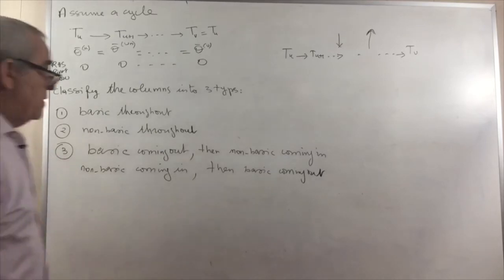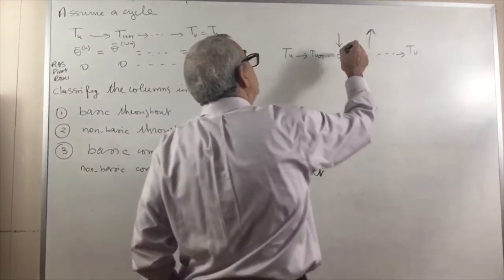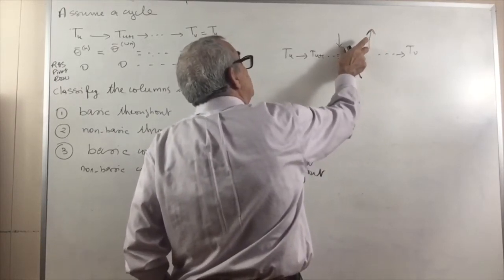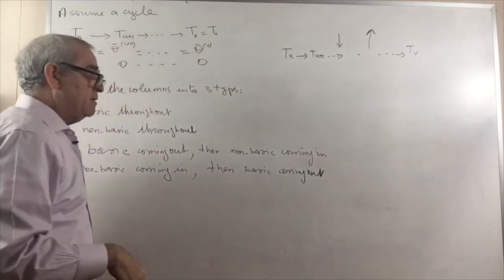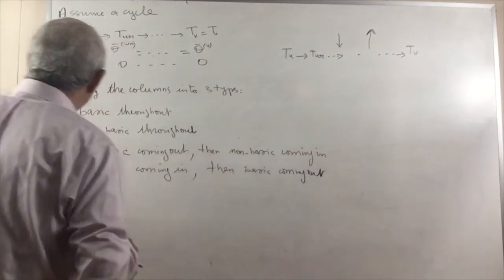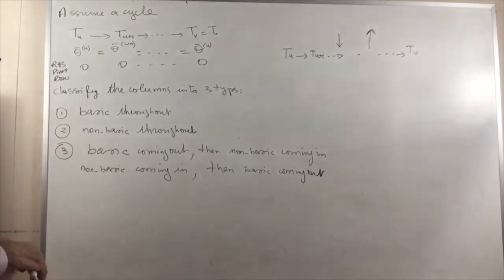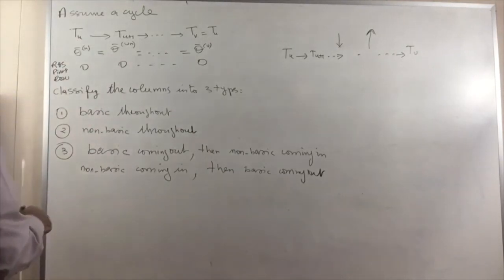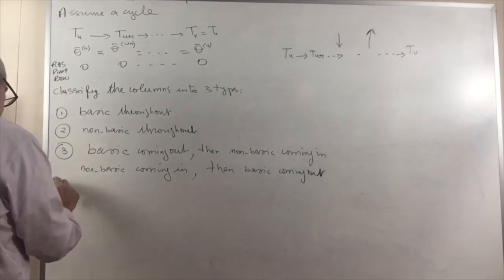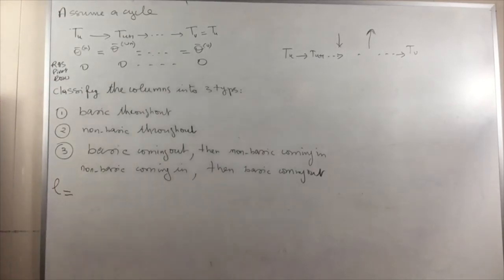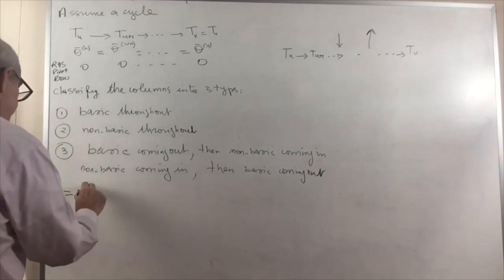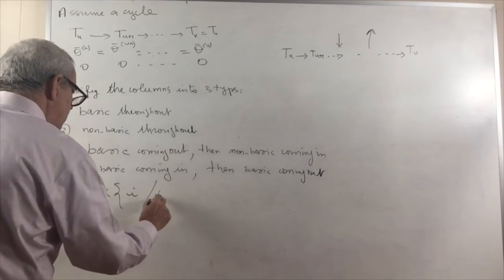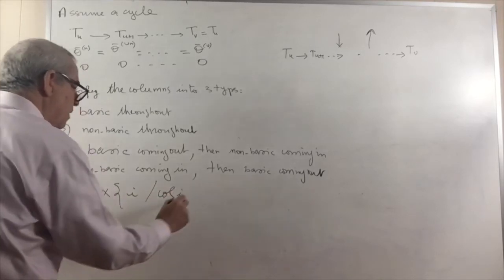So that's the type 3 variable. Like this one here, it came into the basis and it has to come out, and it could happen a number of times, but it has to happen in pairs like this. If it comes in, it has to go out, and so forth. So these are the 3 types when we classify all our columns. And from here, I'm going to define L to be the maximum I such that column I is of type 3.